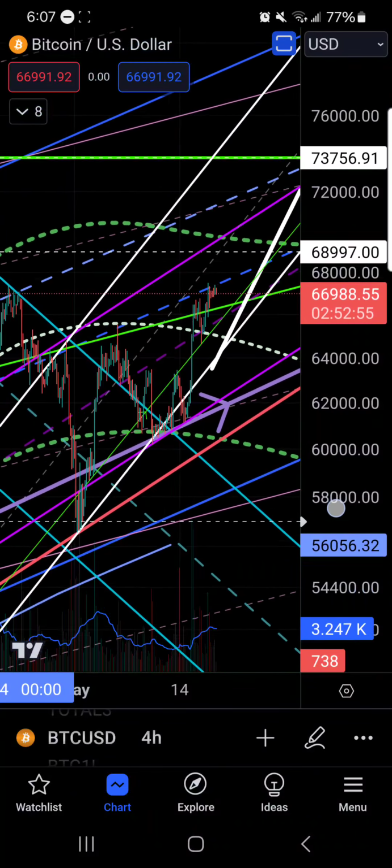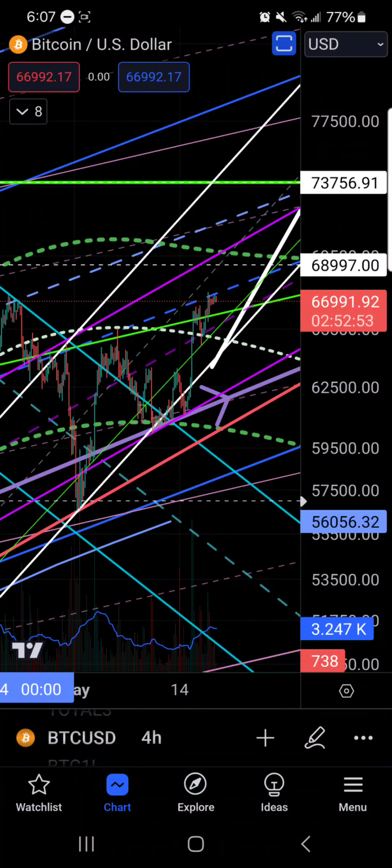Still have a lot of lines on this chart. Let's just make all these guys a little thinner. I don't think we need them so thick. Let's make this guy a little thinner. These are trend lines, the pink trend lines of support here, this lavender one and this red one.